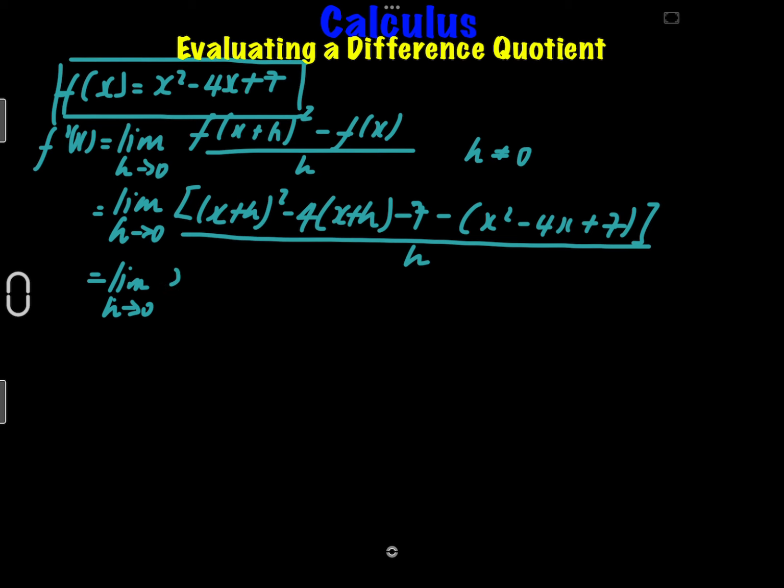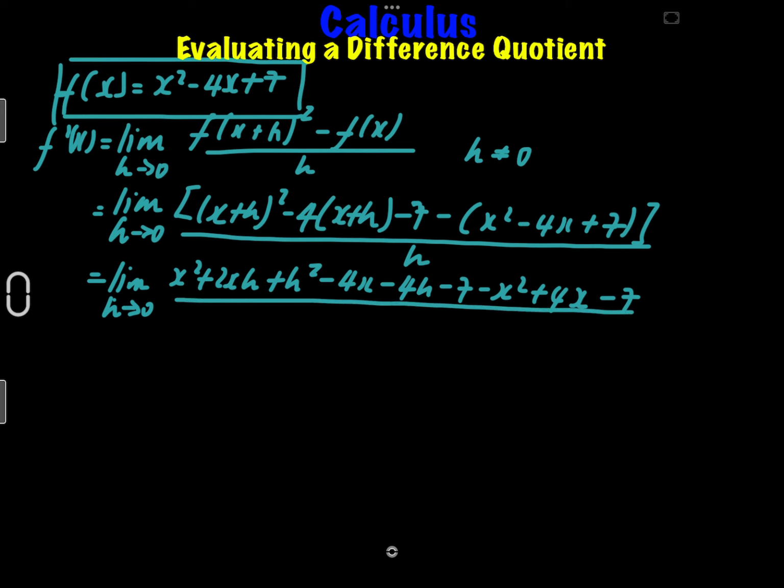When you distribute, you get x squared plus 2xh plus h squared minus 4x minus 4h minus 7 minus x squared plus 4x minus 7. All of this is divided by h.